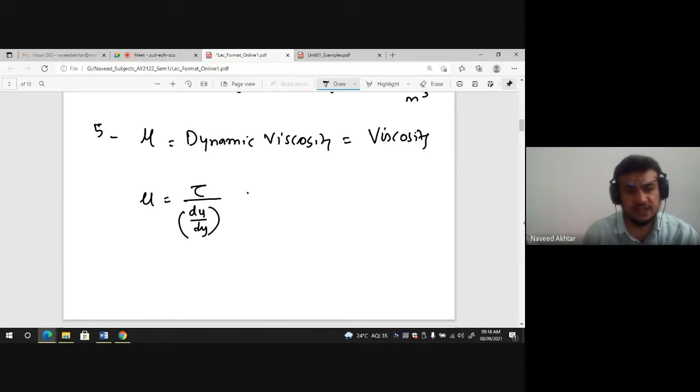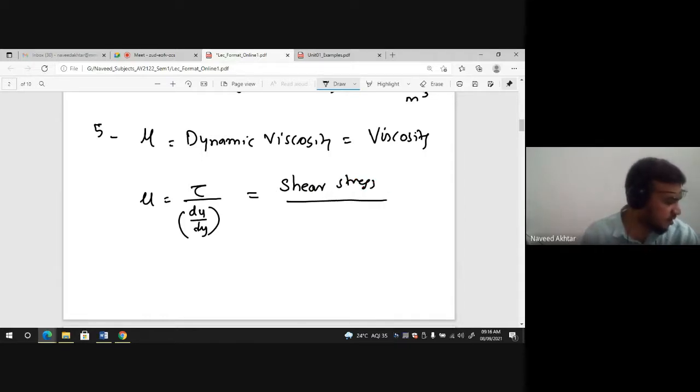Tau is nothing but the shear stress, and du by dy is the velocity gradient. So mu is the coefficient of dynamic viscosity, and simply it is called viscosity. So shear stress divided by rate of shear strain.